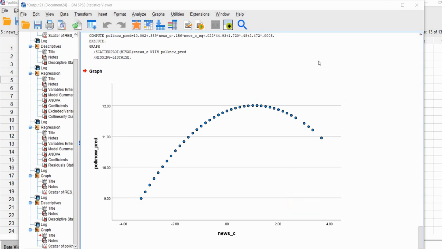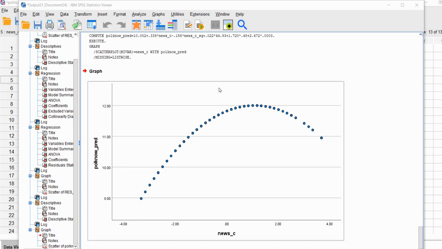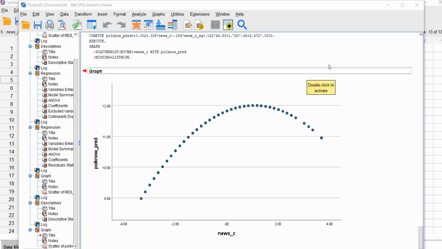I introduce a little bit of discussion of derivatives, so if you have any background in calculus, that might be something you remember. The basic process of generating those simple slopes and then plotting them is very similar to what we just did using the Transform Compute menu and the scatter plot option in SPSS.